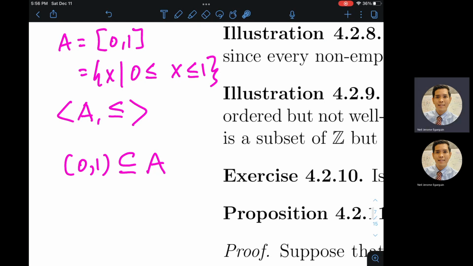Kasi ang tanging candidate natin dito para maging first element ay si 0. Pero si 0 ay wala dun sa open interval. So that means this is a subset of A that doesn't have a first element. So the closed interval 0 to 1 together with the natural order is not well ordered. Okay.